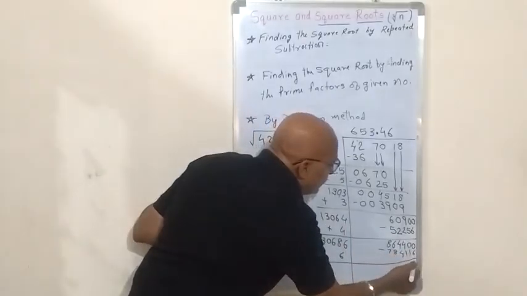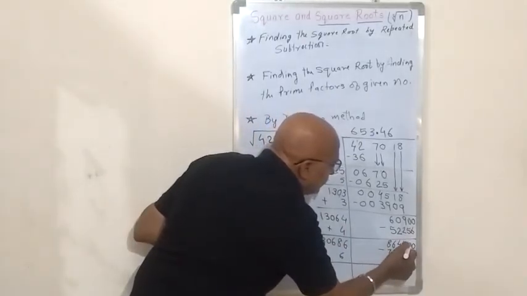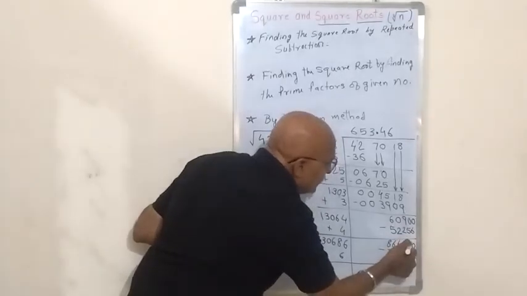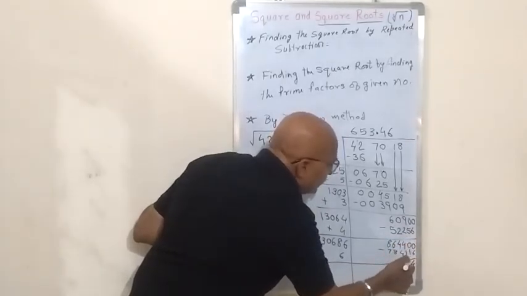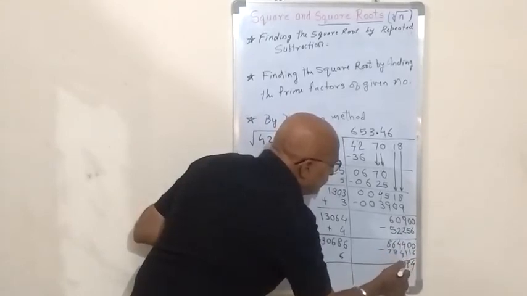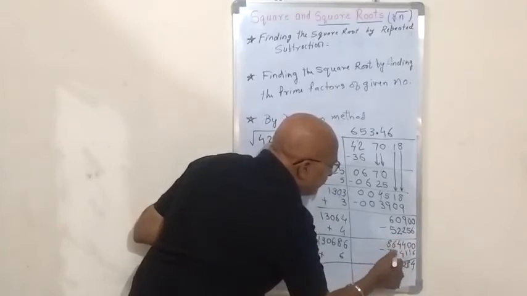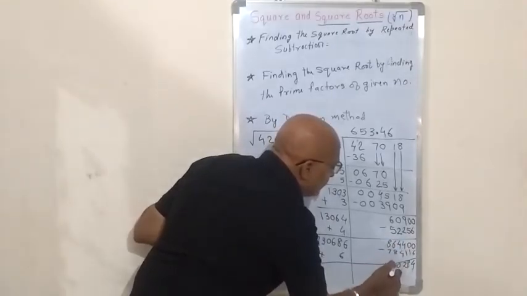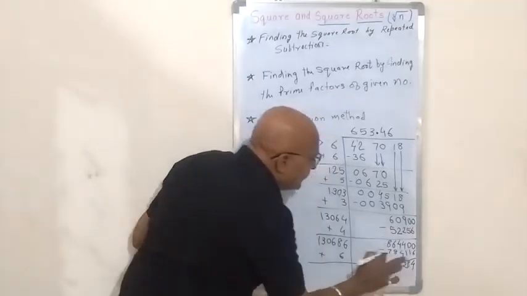So 0 minus 6 is again 4. So here we get 9. 9 minus 1 is 8. 3 minus 1 is 2. 4 minus 4 is 0. 6 minus 8 means 16 minus 8 is 8. Now 7 minus 7 is 0.